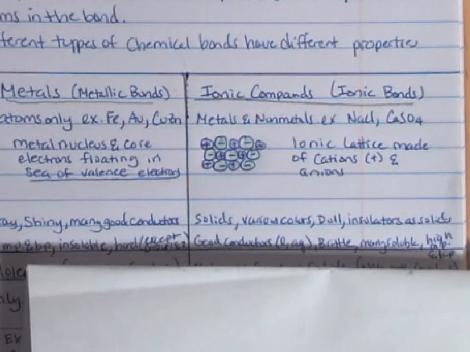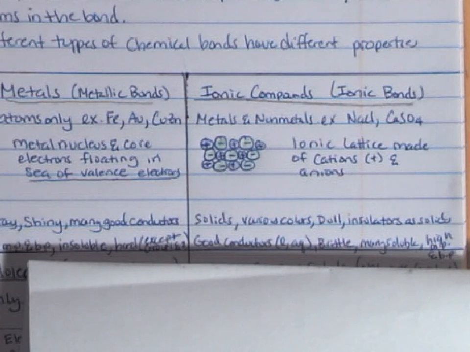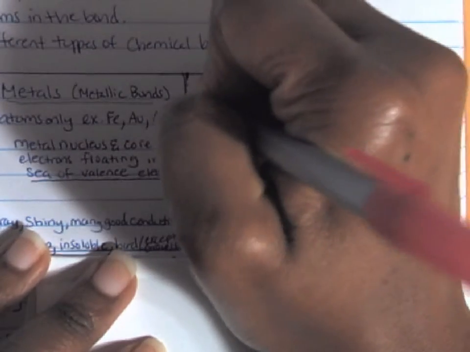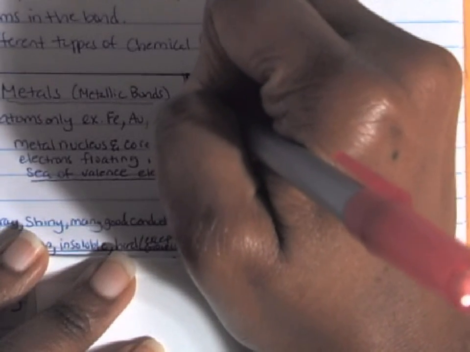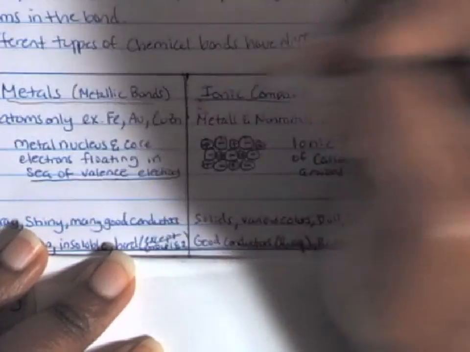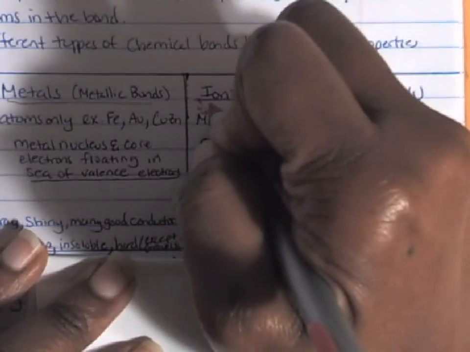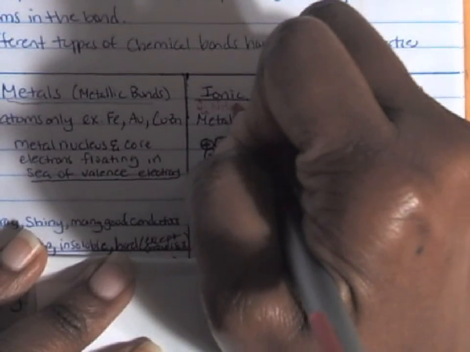Now there is an exception here that I want to note for you all. In addition to metals and nonmetals, ionic bonds can also be made up of the cation NH4+. So we're going to add metals and, that's my and symbol, NH4+.